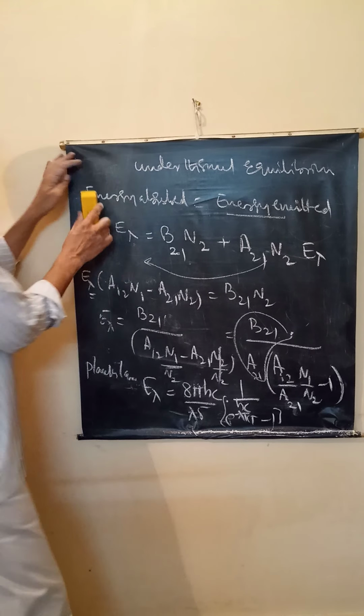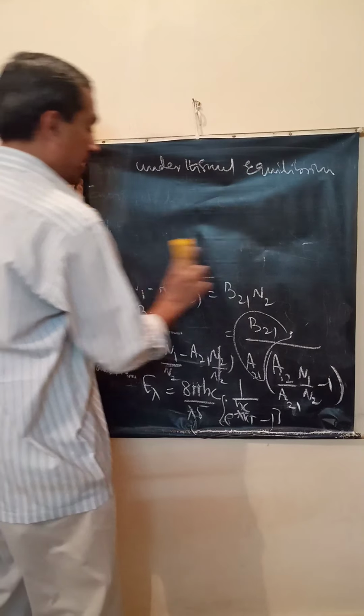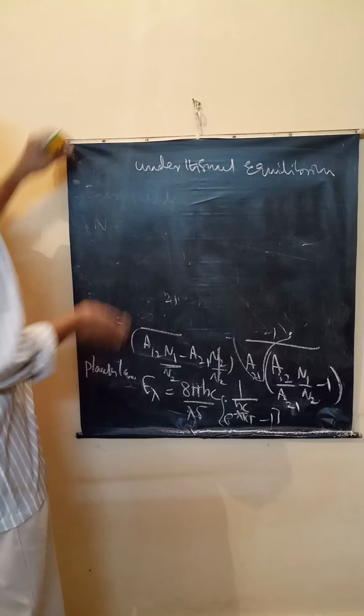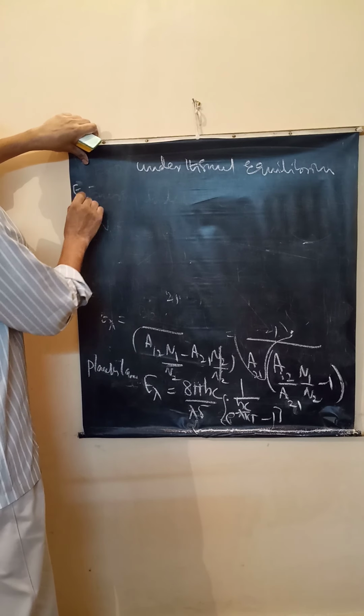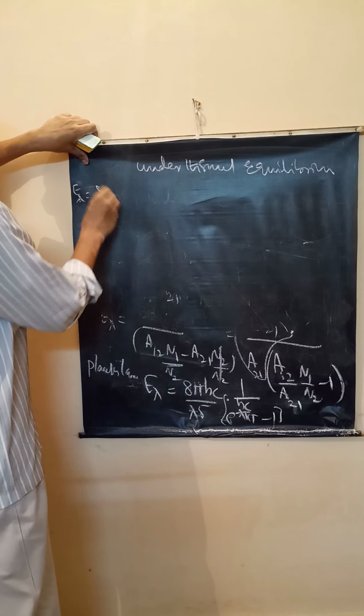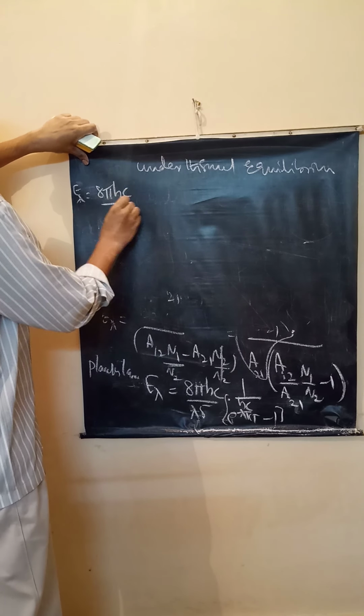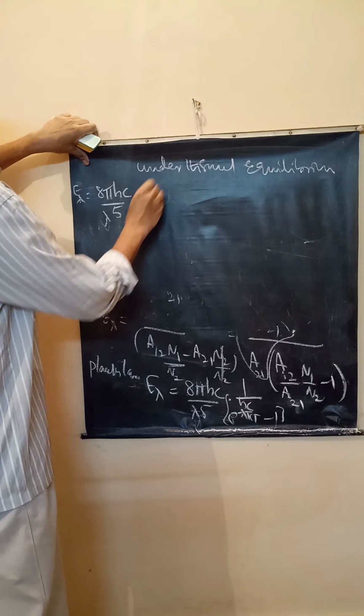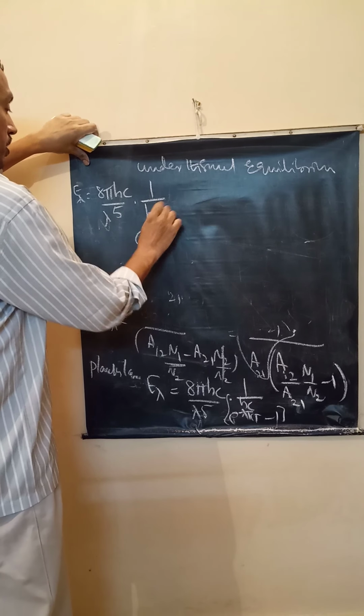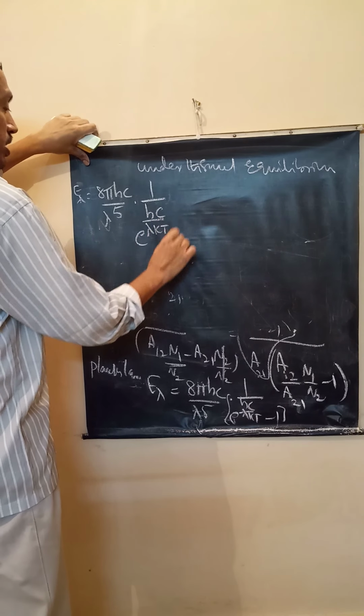So now I will equate this energy density from the black body. The expression E lambda is what? 8 pi hc by lambda^5 into 1 by (e power hc by lambda kT minus 1).